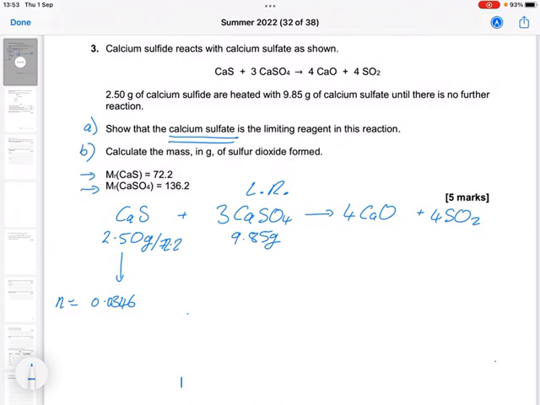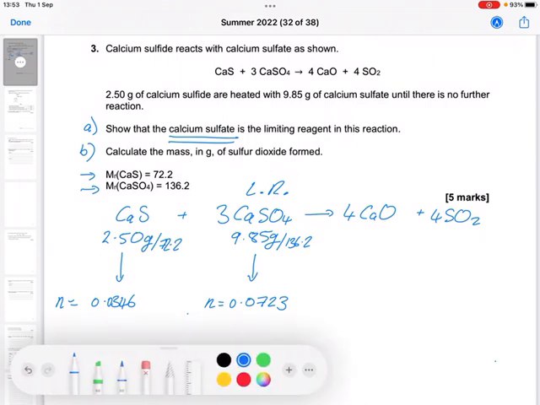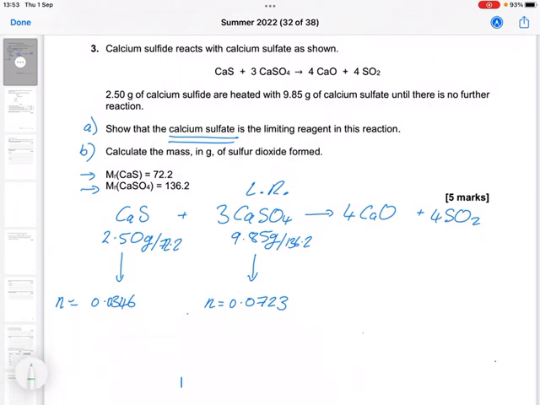And over here with the calcium sulfate, I've got 9.85 divided by 136.2, which gives me, again, number of moles down here is equal to 0.0723. It kind of doesn't matter which way you go when you're working these out, and I'll try and show you what I mean.